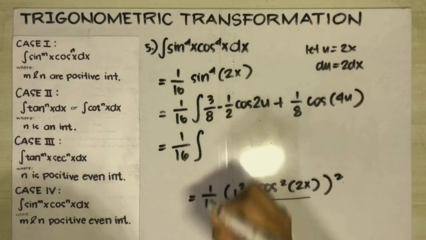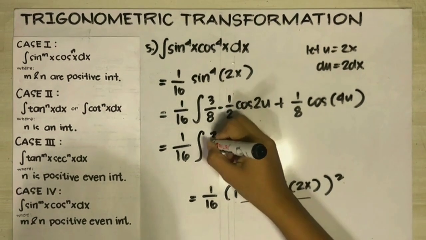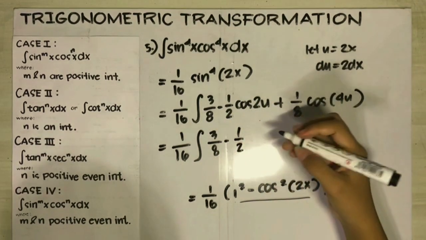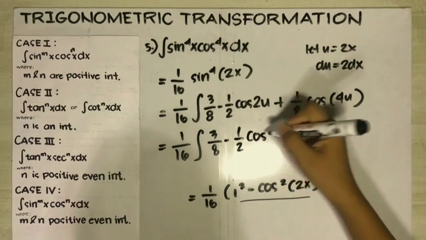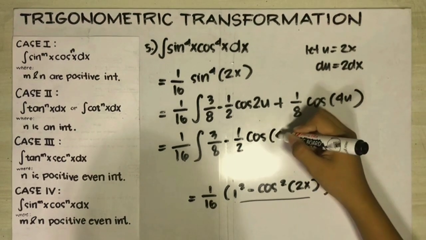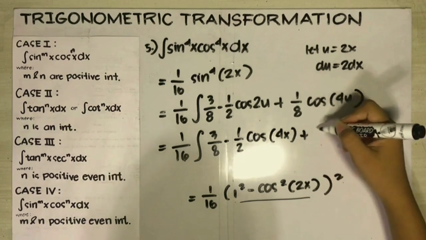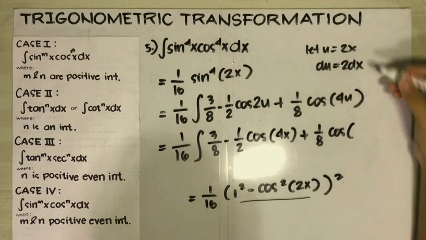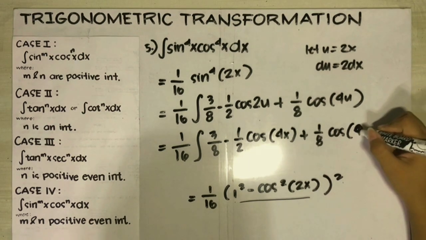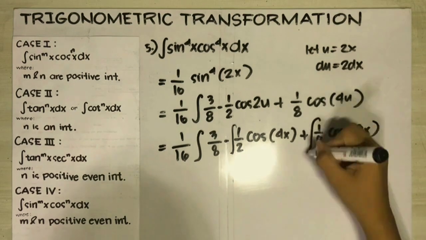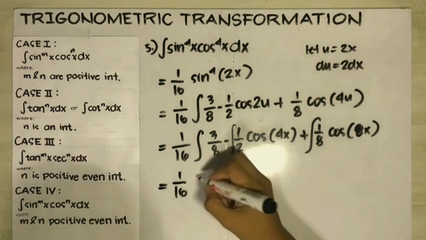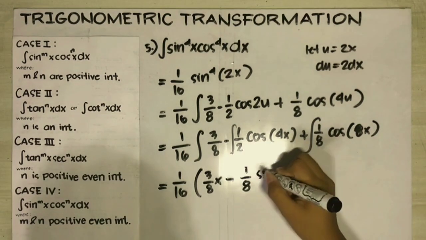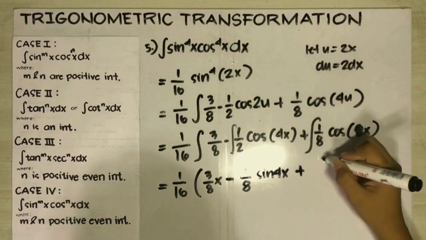And this is equal to 1 all over 16 times the integral of 3 all over 8 minus 1 half cosine 4x plus 1 all over 8 cosine 8x. And then 1 all over 16 times 3 all over 8 x minus 1 all over 8 sine 4x plus 1 all over 64 sine 8x.